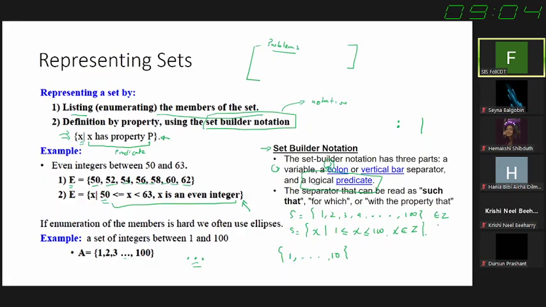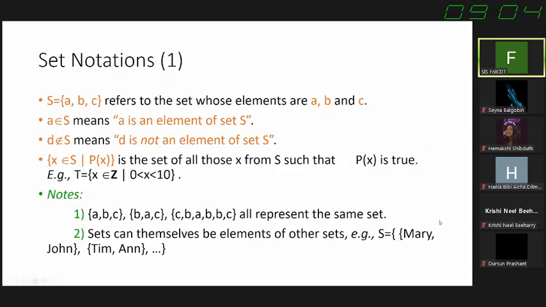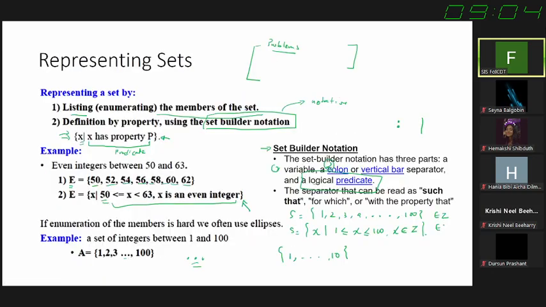But sometimes if it's a set of real numbers, it can be very tricky to understand what those dots stand for. Integers are very discrete, but with real numbers it can be very tricky to know what those dots are. So you have to be very careful.